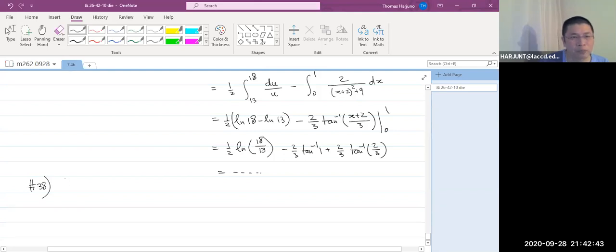Number 38, the freaking hard one. The integral of x cubed plus 2x squared plus 3x minus 2 over x squared plus 2x plus 2, squared dx.